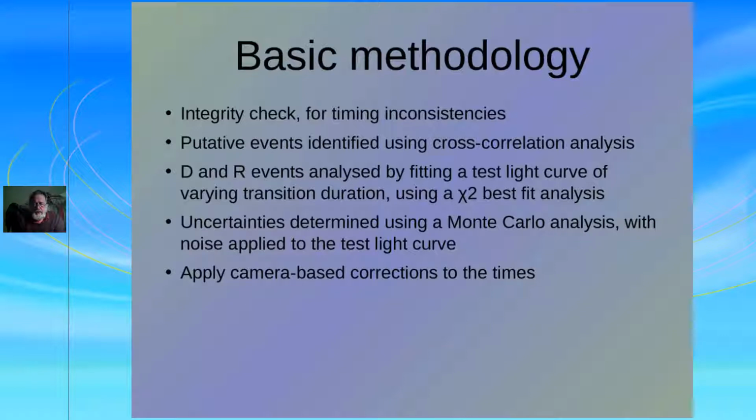The basic methodology, which is now built in Iota, first off is an integrity check for timing inconsistencies. When I was doing various testing on Iota using real-life light curves, I started identifying light curves where there were dropped frames and duplicated frames, all buried away in the data set and not necessarily easy to identify.